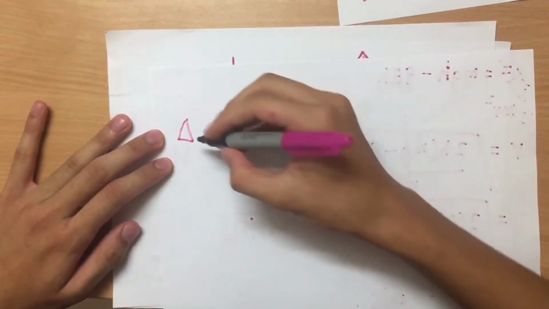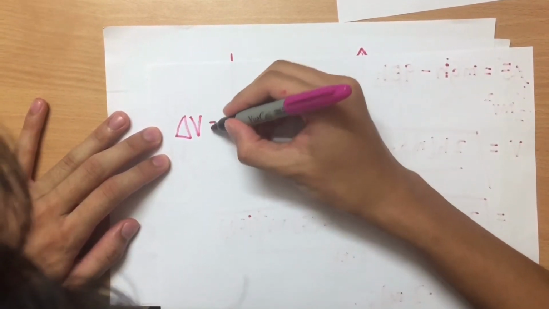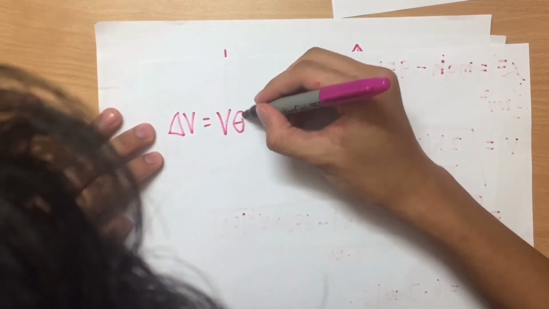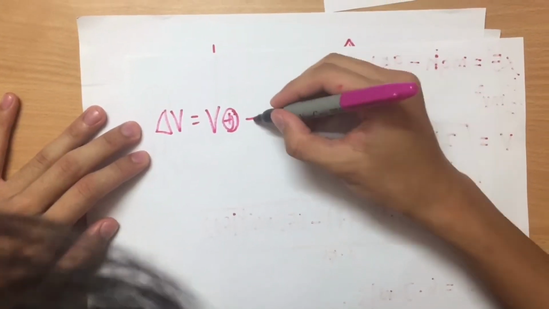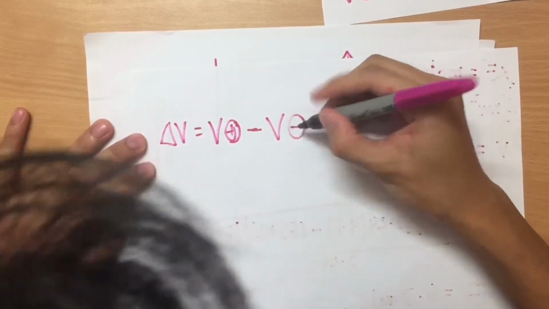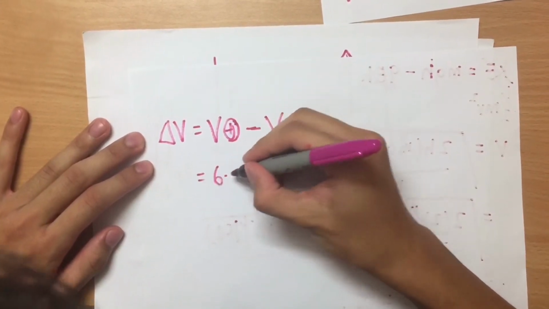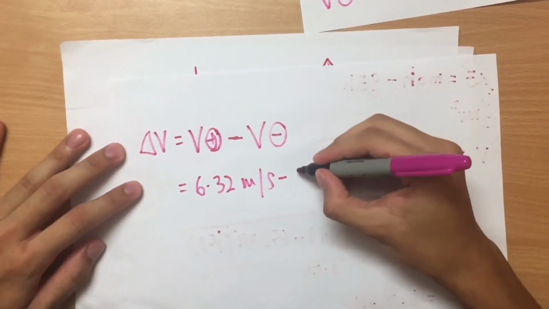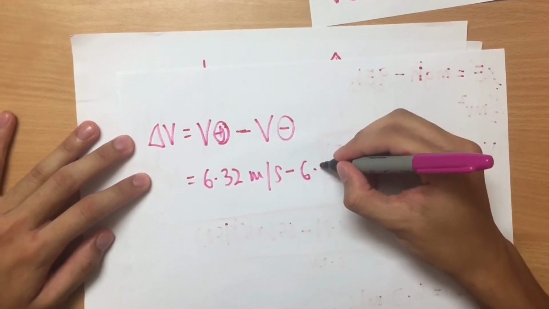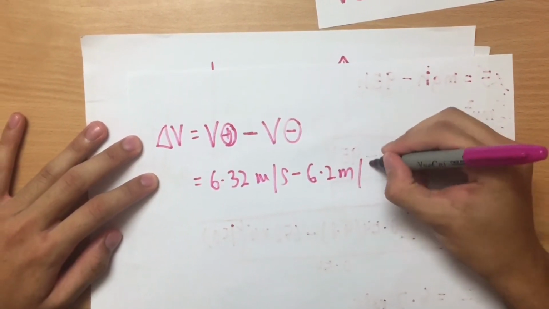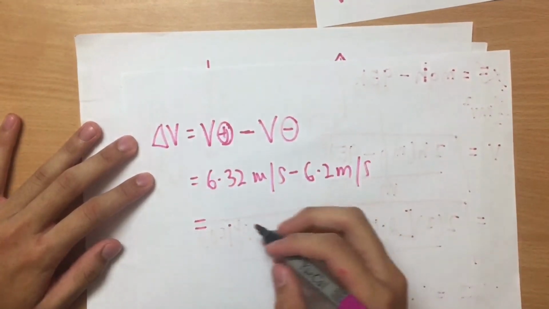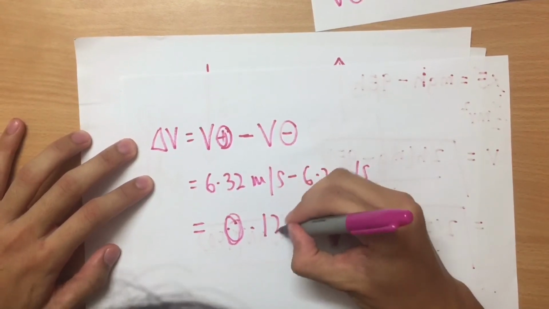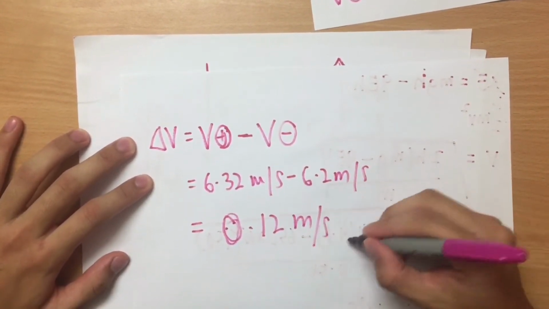We just find the difference, which is delta v equal to the v of the positive charge minus the v of the negative charge, which is 6.32 meter per second minus 6.2 meter per second. The final answer we will get is 0.12 meter per second. Okay, that's all.